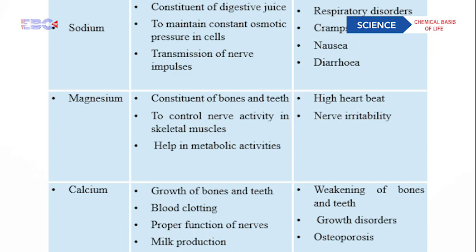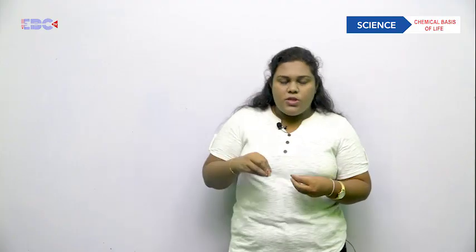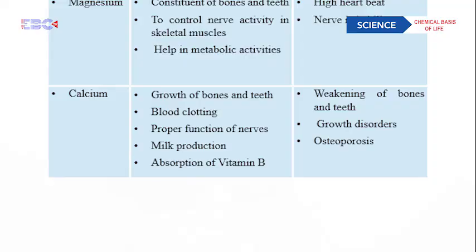The term metabolic activities means the sum of all chemical processes that occur in living organisms, like growth, production of energy, right? For all these processes they need magnesium, right? Some deficiency syndromes like high heartbeat and nerve irritability can occur. This nerve irritability can occur because it affects the central nervous system.